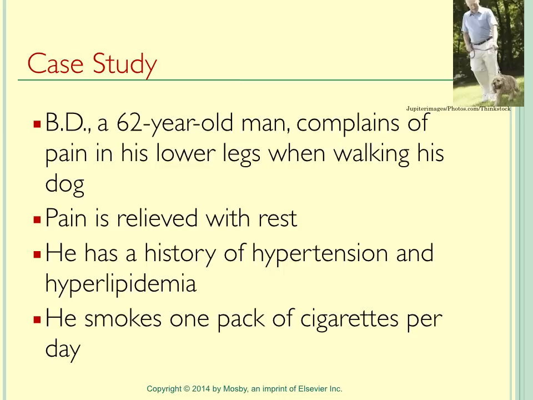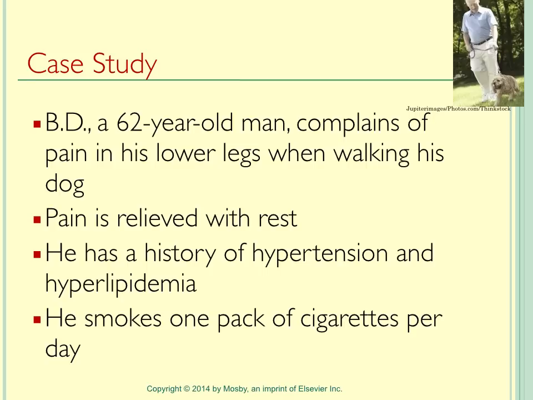And they are intermittent because when he walks, the tissues in the legs go through anaerobic metabolism, and lactic acid builds up. The tissues become hypoxic and acidotic, and they lead to pain.